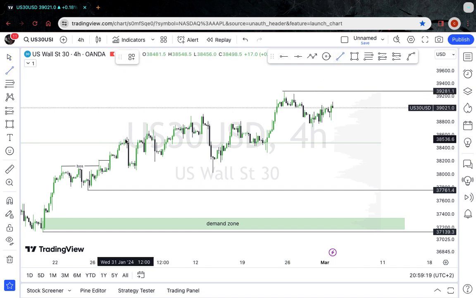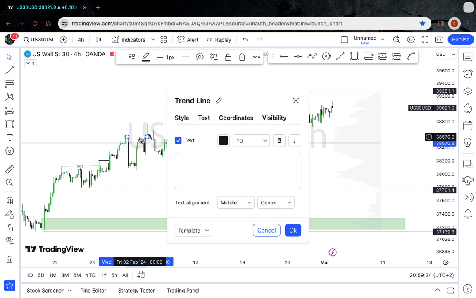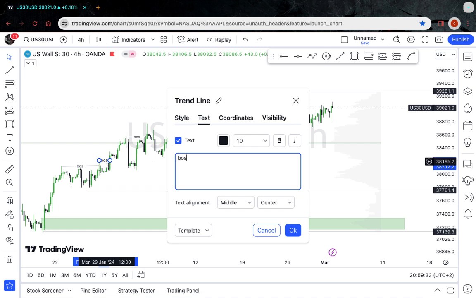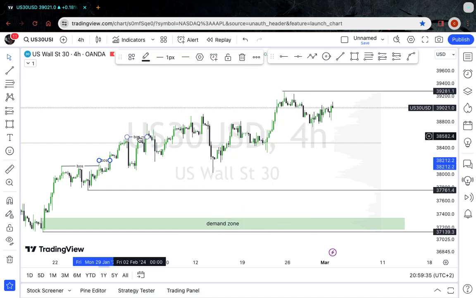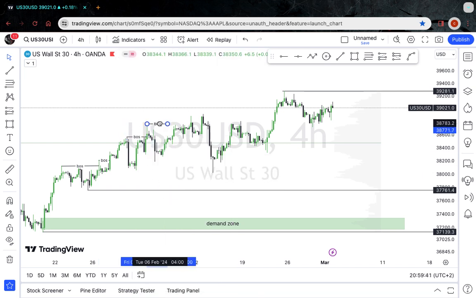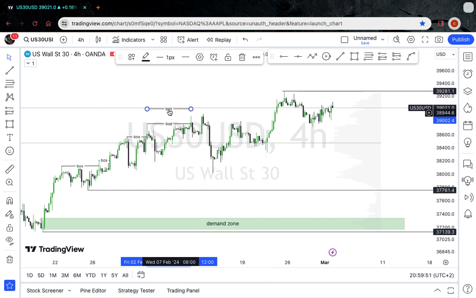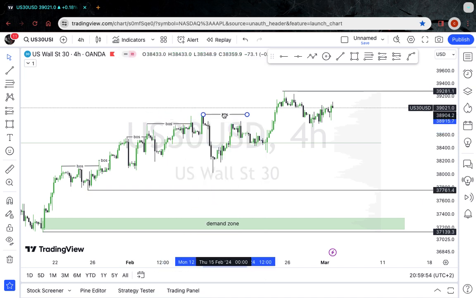We have our third BOS here, meaning our break of structures. So I will also mark this one here. And then we have our fourth break of structure here, where the market was creating highs and breaking those highs. And then from here we have our last break of structure, which is this one here.